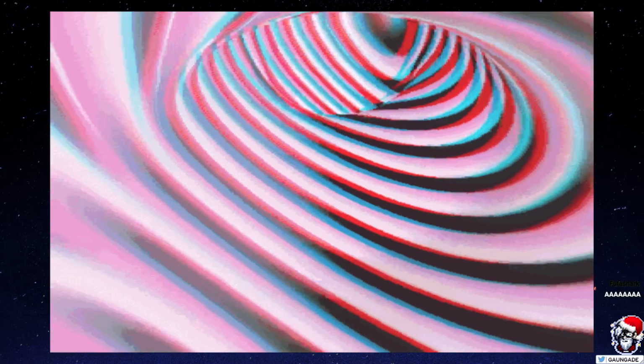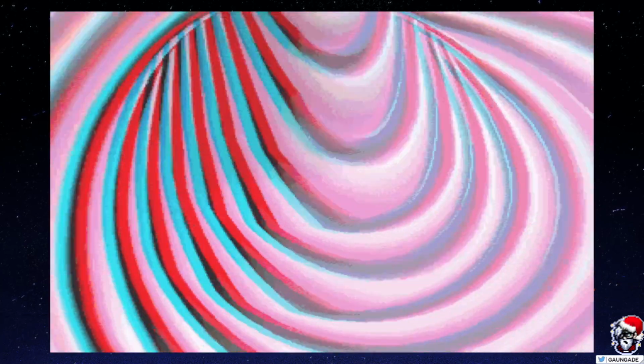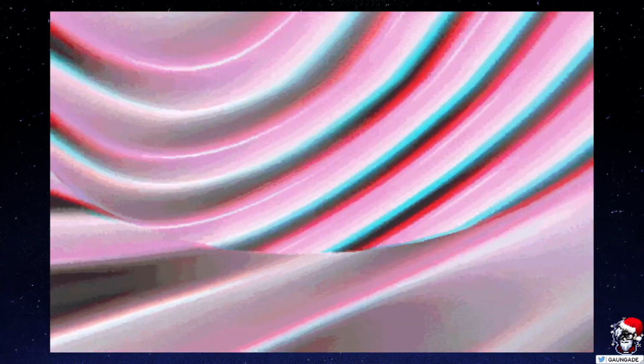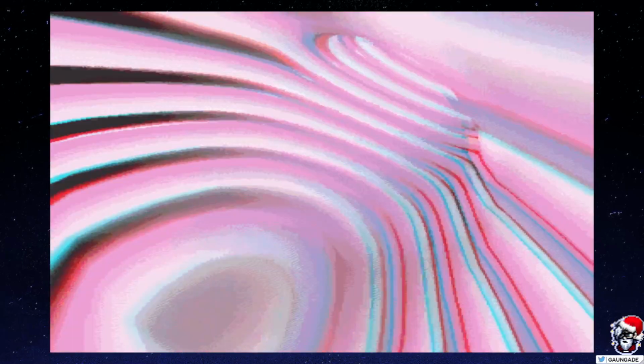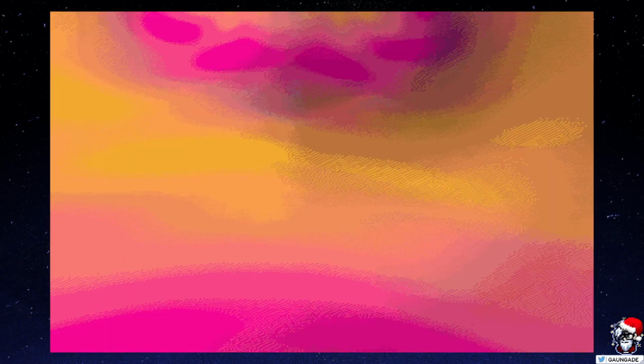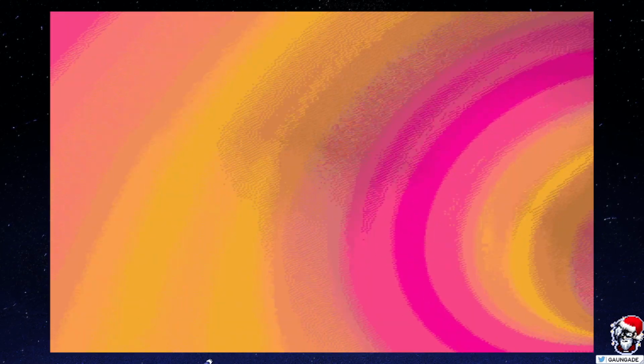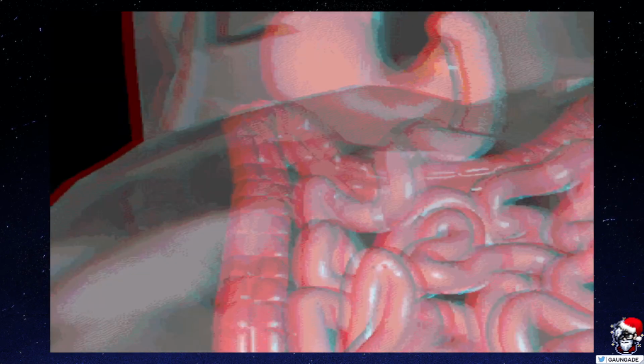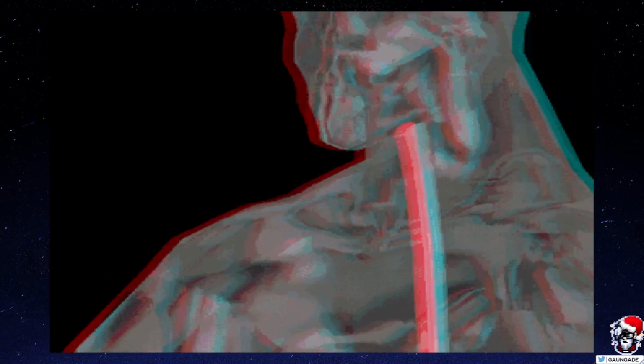Ileum. Jeez. I can't imagine this in 3D. Ascending colon. Transverse colon. Descending colon. What the fuck? Sigmoid colon. Fucking acid trip.